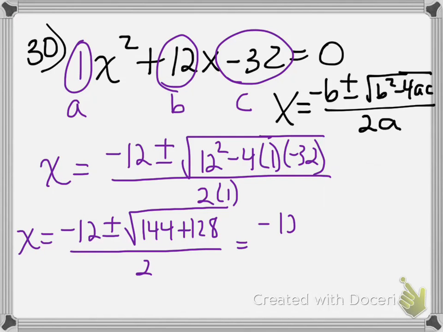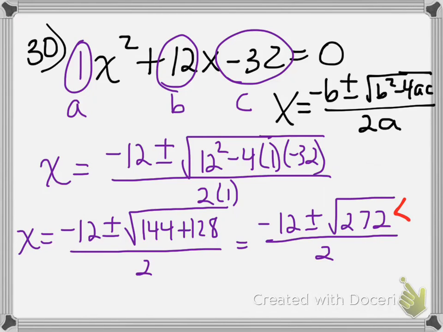So that's negative 12 plus or minus the square root of 272 divided by 2. Now I can check to see if the square root of 272 breaks down.